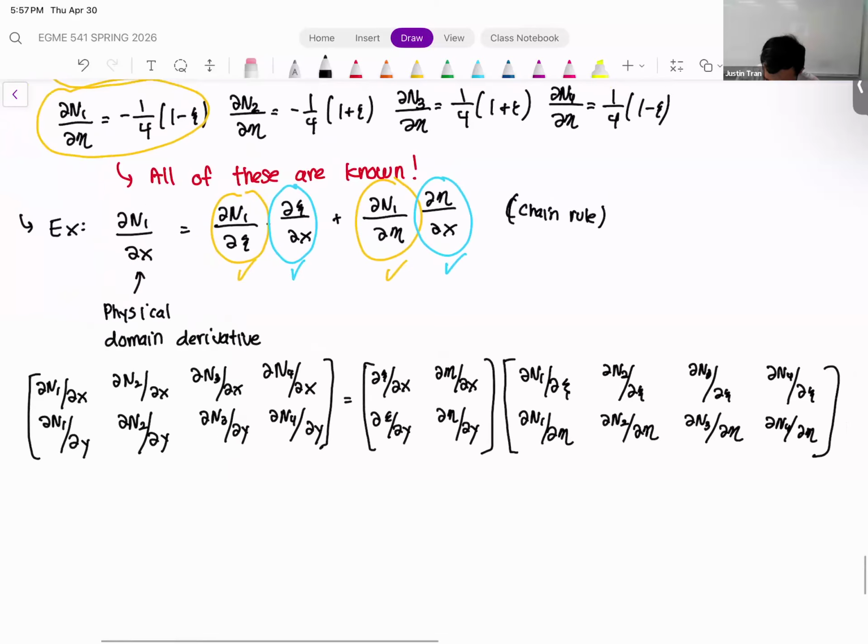All right, so let me zoom out here just so you can kind of see it all in its glory. Okay, good.